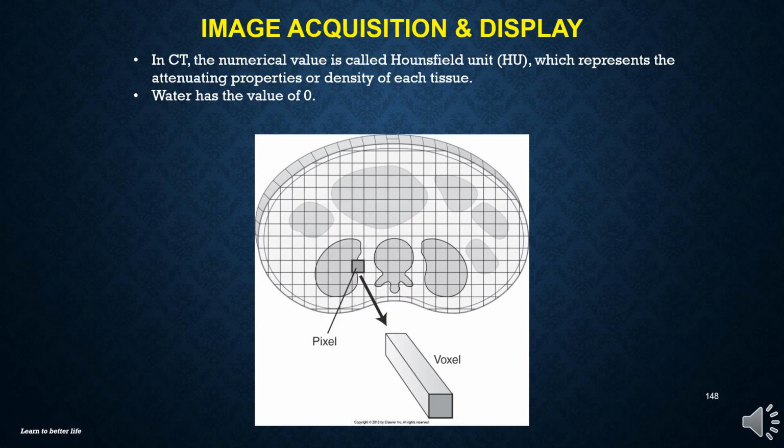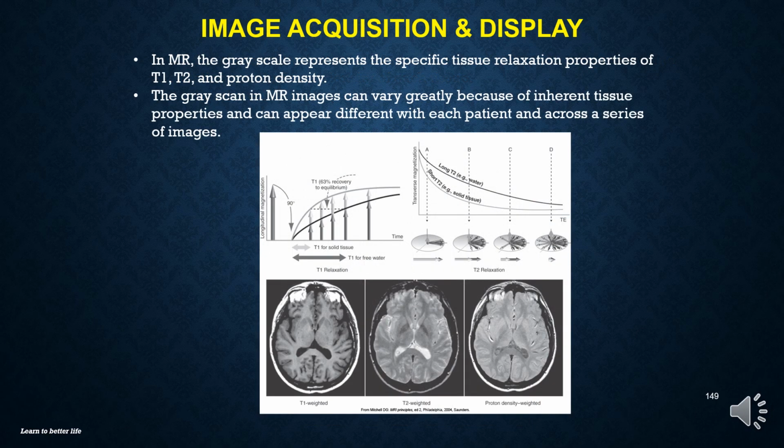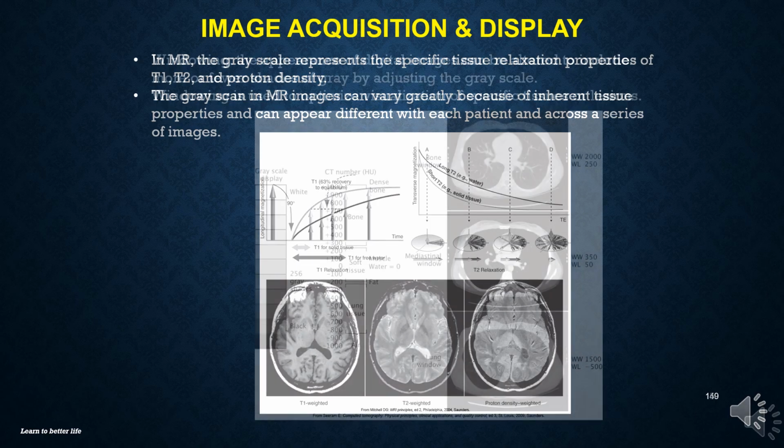Water has a value of 0. In MR, the grayscale represents the specific tissue relaxation properties of T1, T2, and proton density. The grayscale in MR images can vary greatly because of inherent tissue properties and can appear different with each patient and across a series of images.